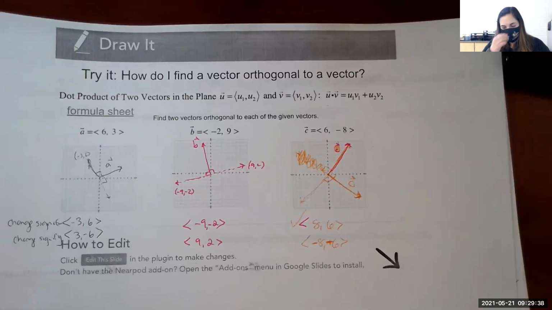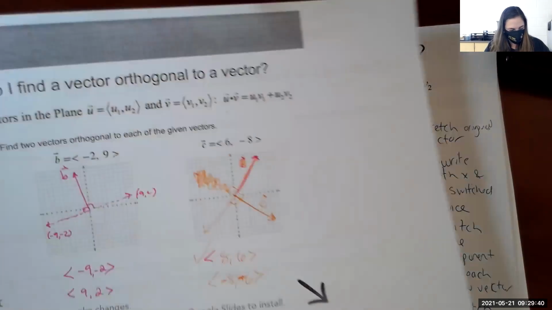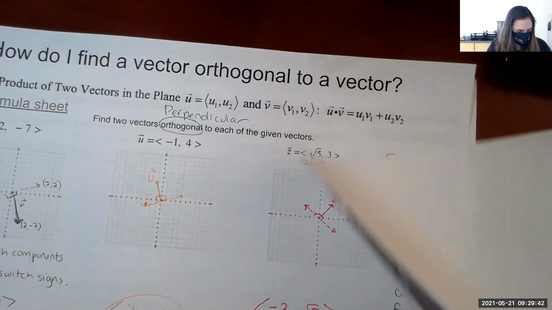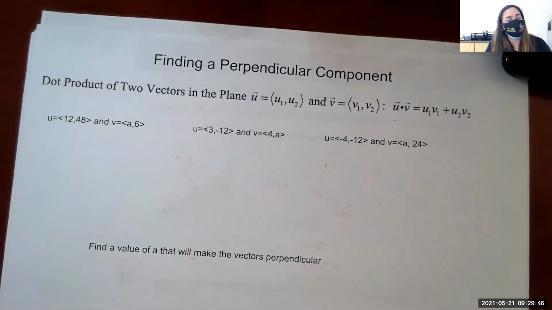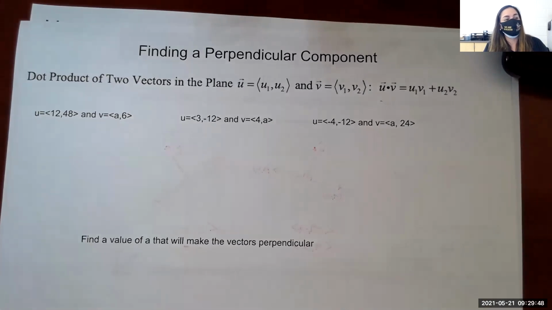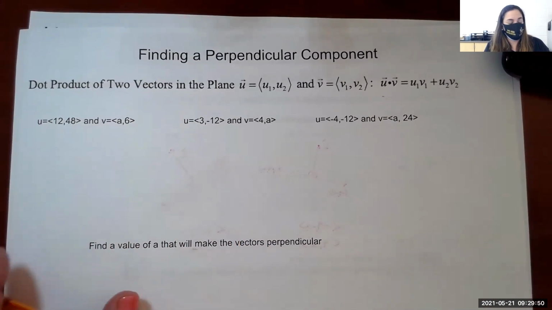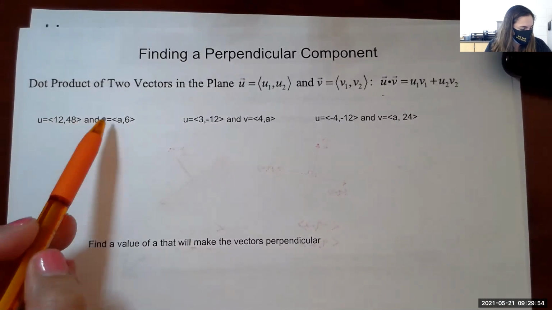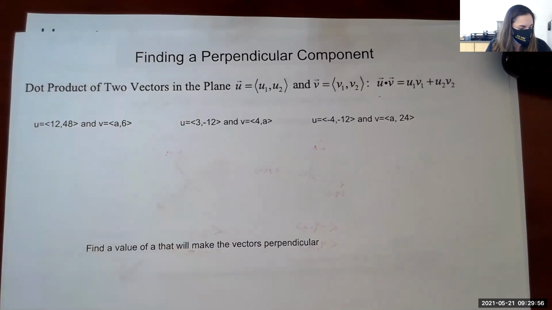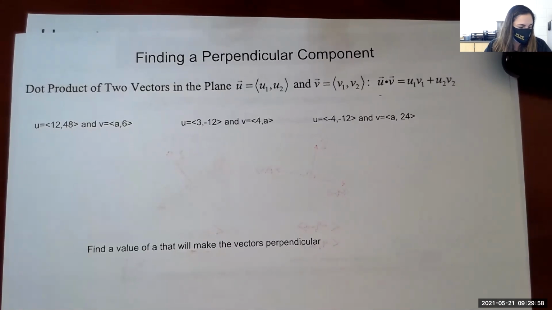Okay. I'm going to go ahead and go forward then. So the last thing we need to learn, and then you'll practice, and then we'll see if we can play a game, is how do you find a perpendicular component, right? So if you're given two vectors, one is say 12, 48, and the other is A, 6, how do you find a perpendicular component?